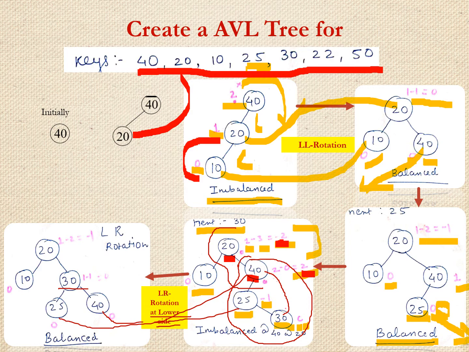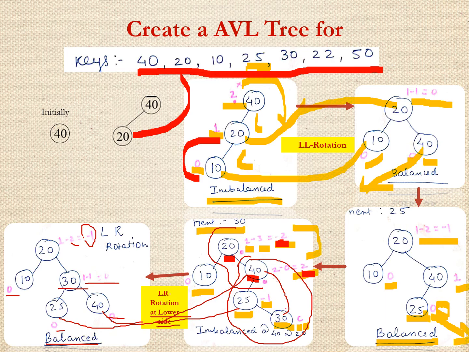Here it is 0, also 0, the balanced one, then here it is 0, for the leaf node it is 0, and for the root node we are getting 1 for the left node, and for the right node we are getting the height as 2. So we are getting the answer as -1. That means even because of this adjustment on the lower side, we got a balanced one. So now your tree is balanced.